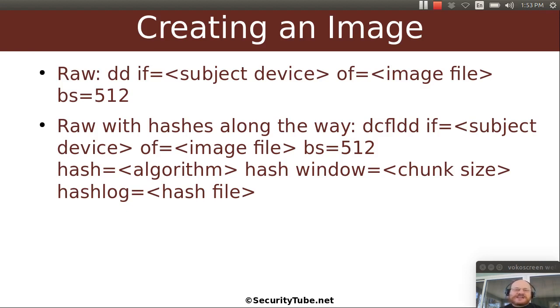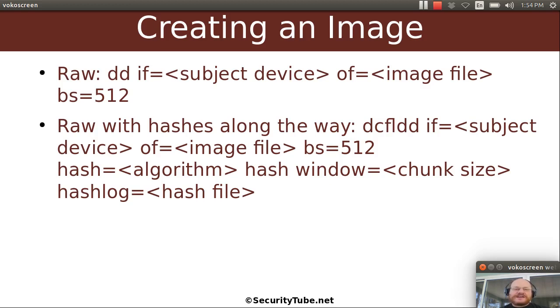Some years back, a few folks got together and wrote an enhanced version of DD just for forensic stuff. That product is called DCFLDD, which should already be installed on your system if you ran the script that I presented in an earlier video.